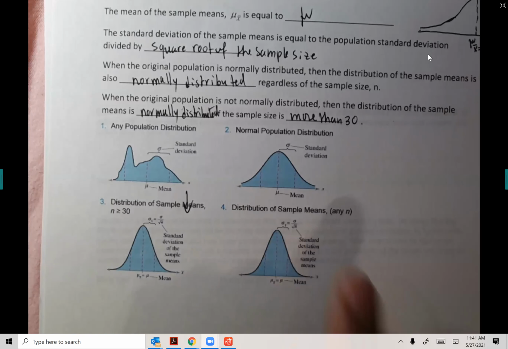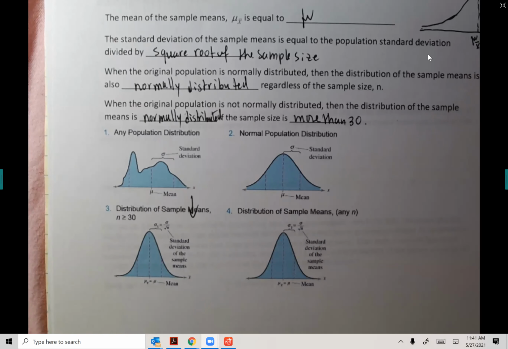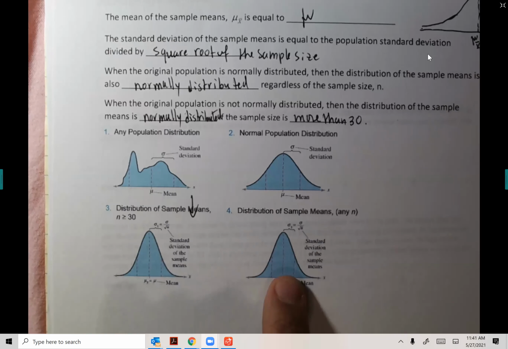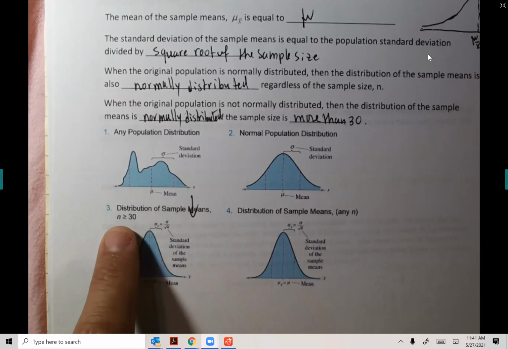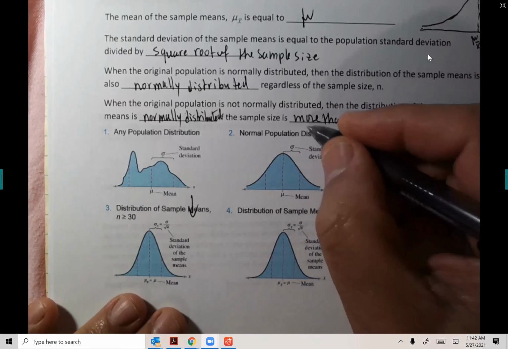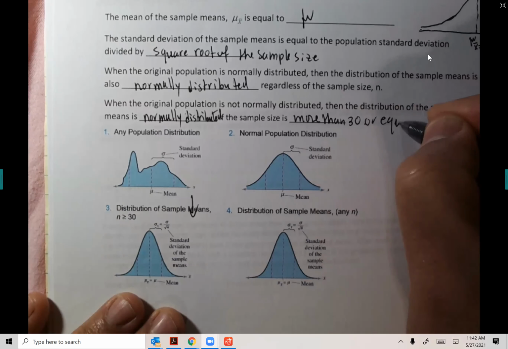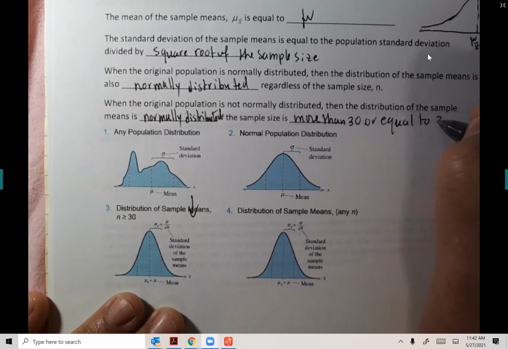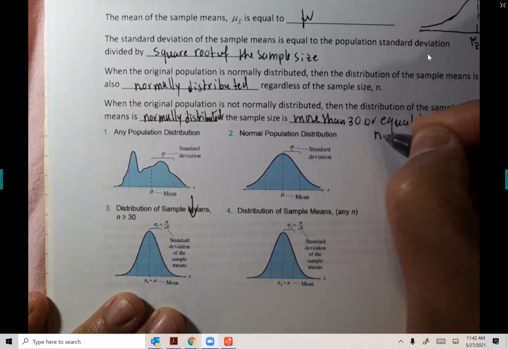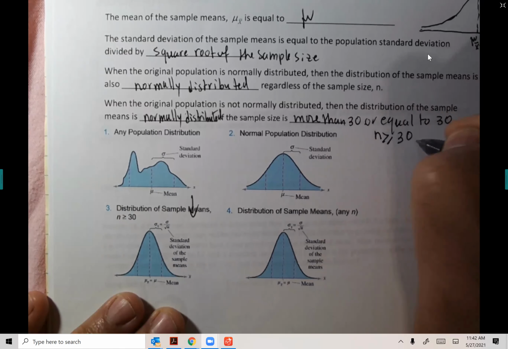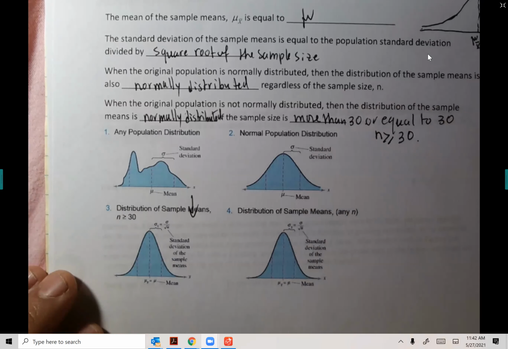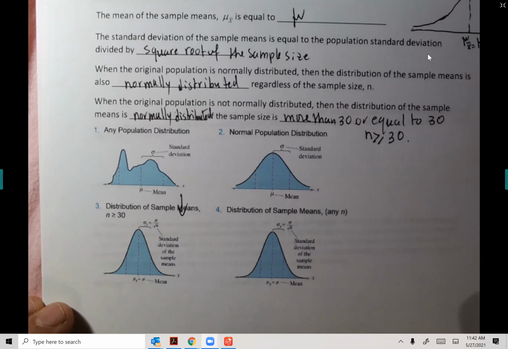When your population is not bell-shaped, it's a skewed distribution, then if you want to get the same results of the central limit theorem, you must use a sample size that is 30 or more. Probably here I should have said more than or equal to 30. 30 is okay. So we write it like this. And this is what we call the central limit theorem.